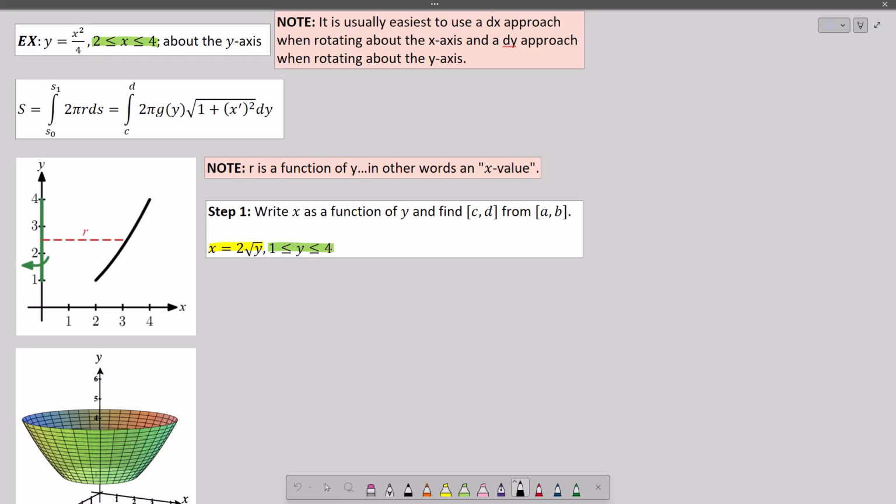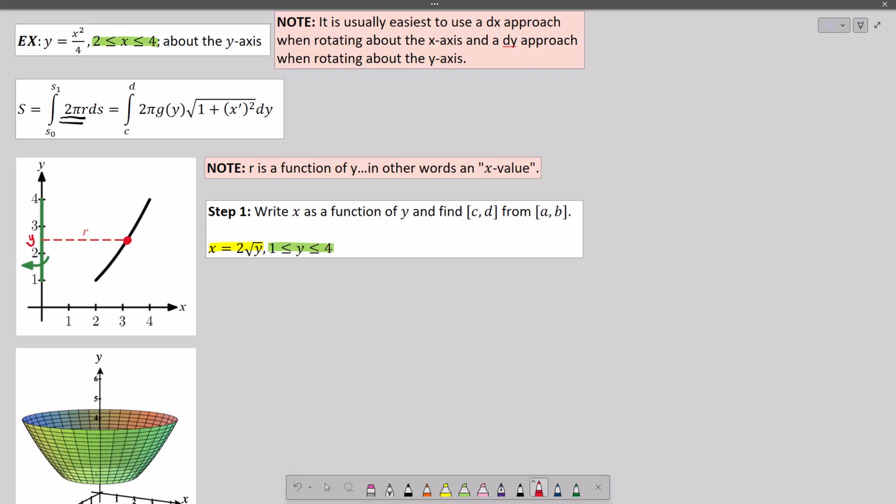We know the generic formula here. Recall that when we're finding surface area, the concept is that this representative point right here, we can say that it's at a random y value. When that point rotates around the axis, it creates a circumference of a circle, which is 2 pi r.